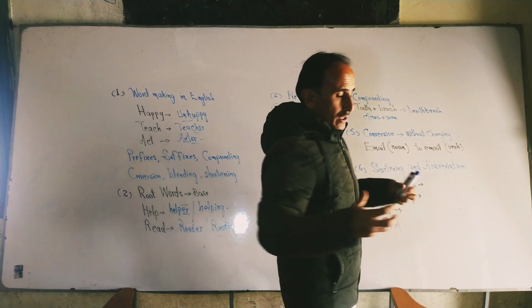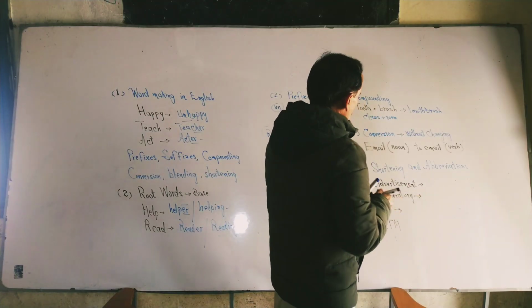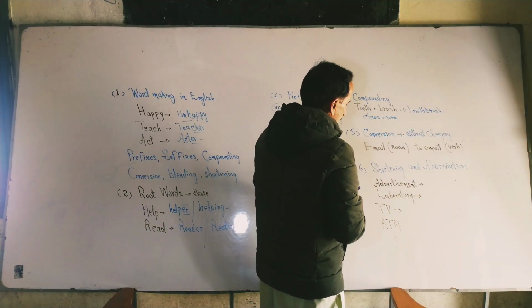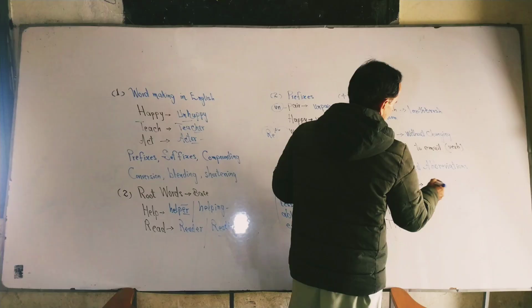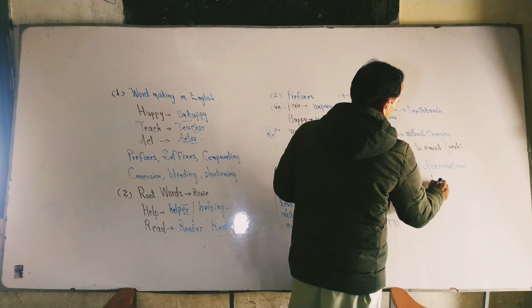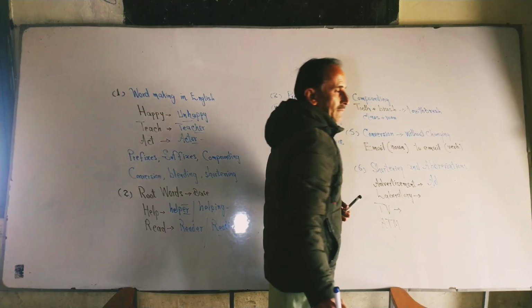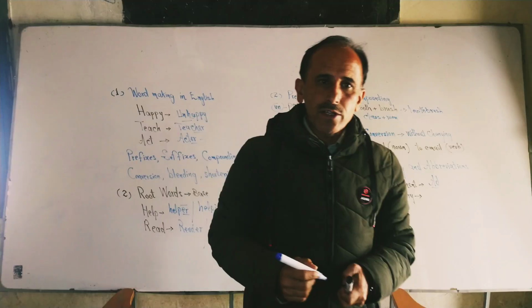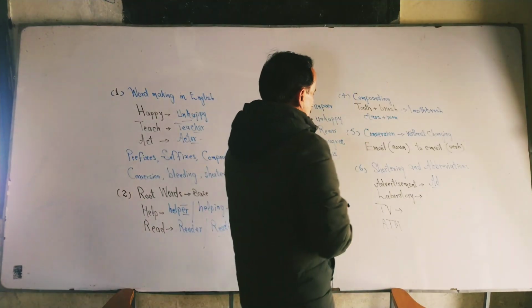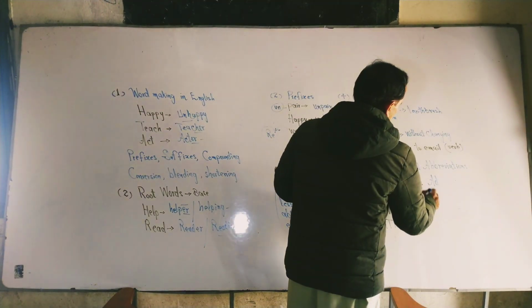Shortening and abbreviations. When we shorten some words, for example, advertisement, we can use ad. Ad means advertisement. Shortening. Laboratory, lab.